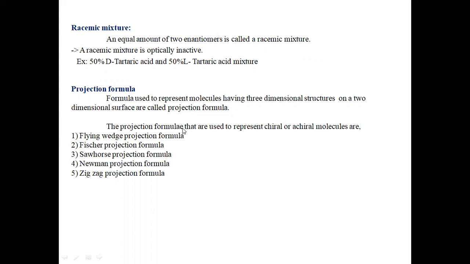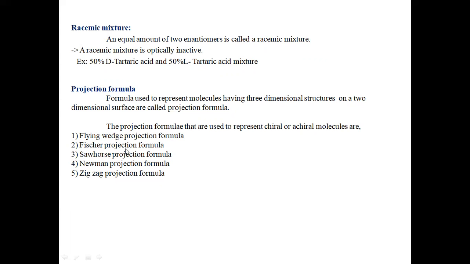The projection formulae used to represent both chiral as well as achiral molecules are five in number. First is the flying wedge projection formula.